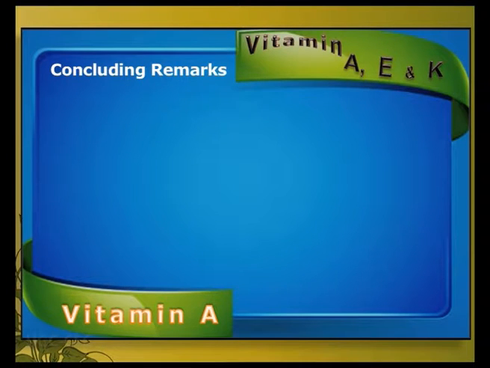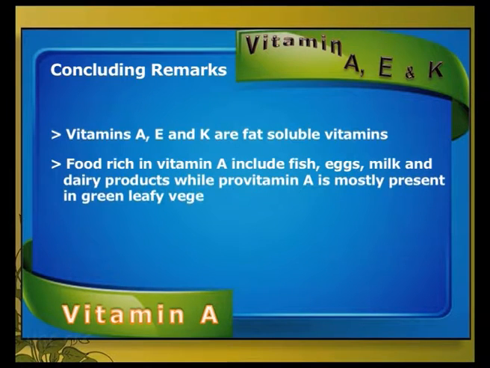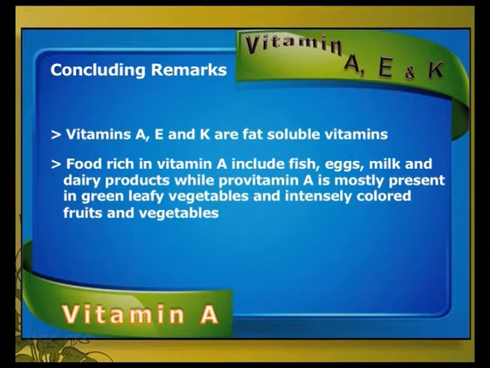We finally come to the concluding part. Vitamin A, E and K are fat-soluble vitamins. Foods rich in vitamin A include fish, egg, milk, dairy products, green leafy vegetables, and fruits and vegetables that are brightly colored.